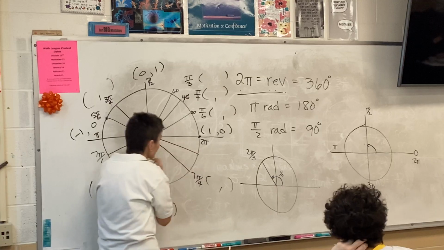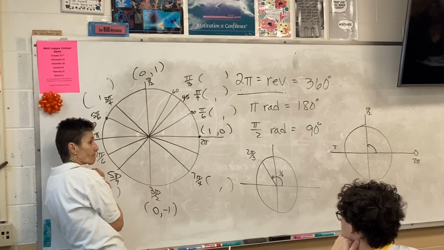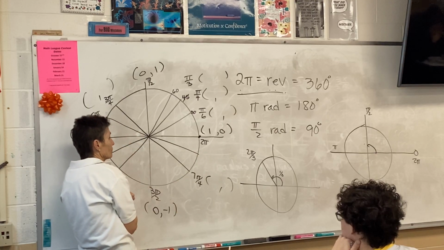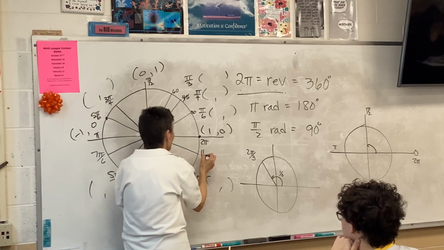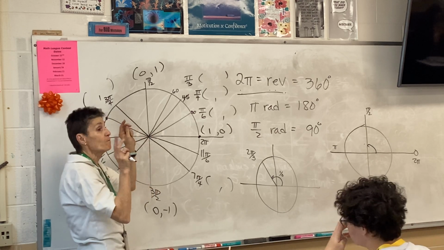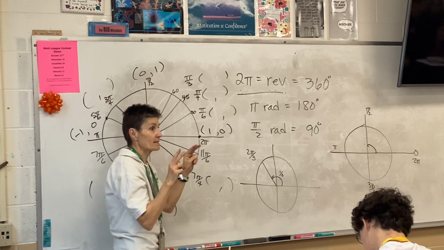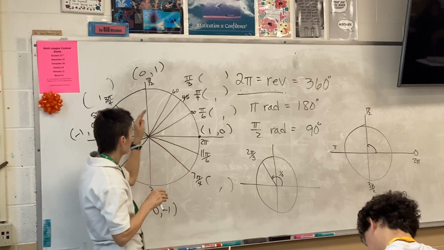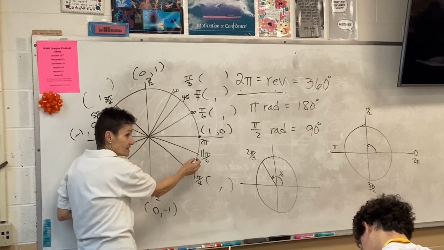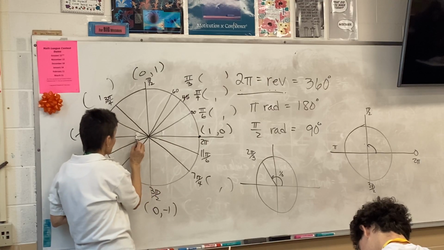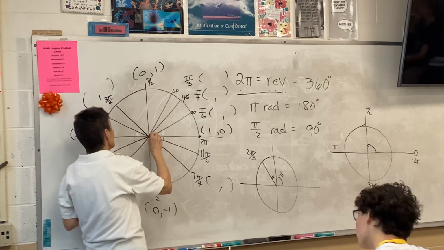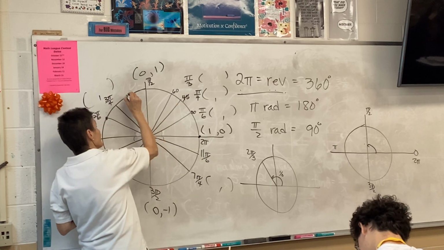And what do you think this one is? 11/6. Very, very good. So in the middle of the quadrants are the fourths, because a fourth is half of 2. The lines closest to the x-axis are the 6ths. So that's a 6th, that's a 6th, that's a 6th, that's a 6th. And then these other guys, okay, so we have that one. What do you think this one is?